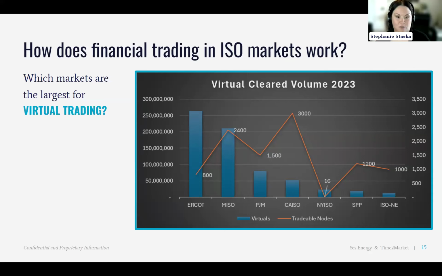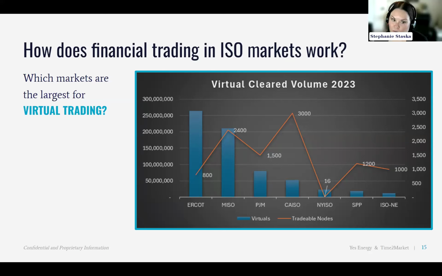And then MISO is also ahead of PJM. Why would that be? PJM is a larger market, but MISO has more tradable points. You can see that MISO has 2,400 tradable nodes, and PJM is closer to 1,500 tradable nodes.